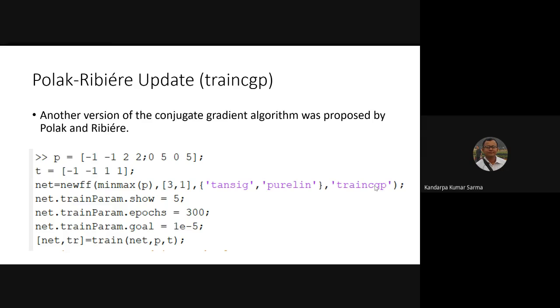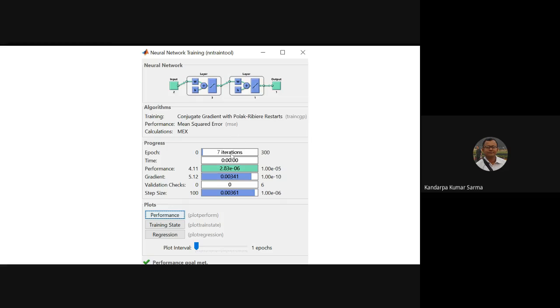Here a more normalized form of the gradient descent is considered for doing the search. So here we find that 7 number of iterations are required to reach the performance goal, quite fast compared to the train GD and GDM. Quite fast, very less number of cycles are required to reach the performance goal. So that way we can have a faster means of doing the training.